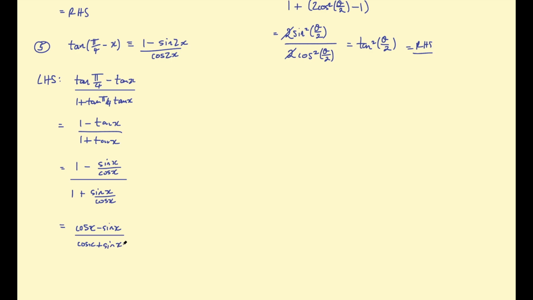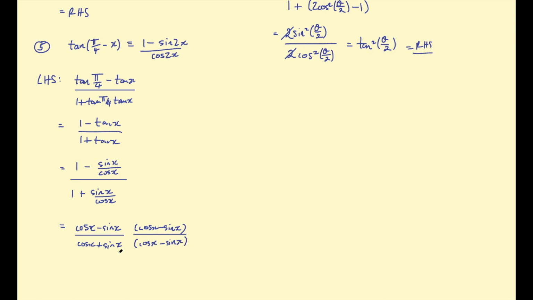And then here I'm going to use another little trick that you need to be aware of that is often useful when verifying trig identities. You can multiply by something in order to get the expressions that you want. So here I'm going to multiply by cosine of x take sine of x over itself. So that's just multiplying by 1.